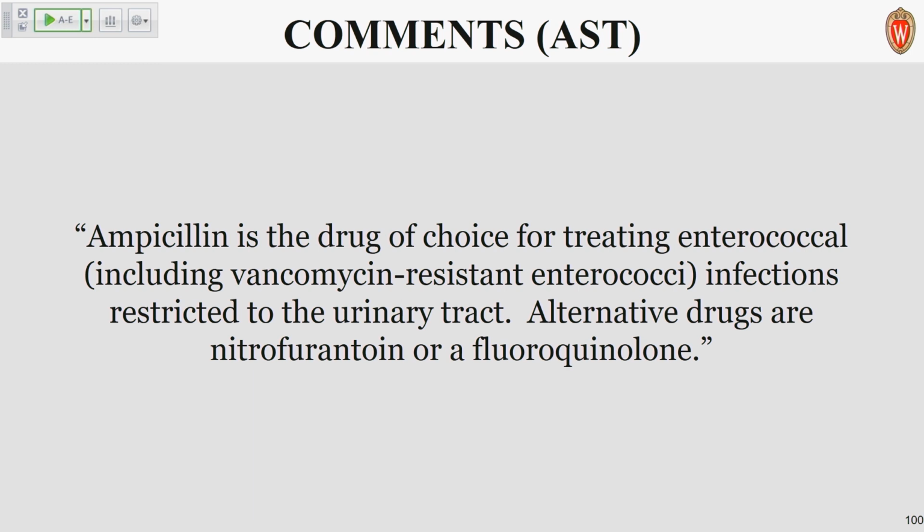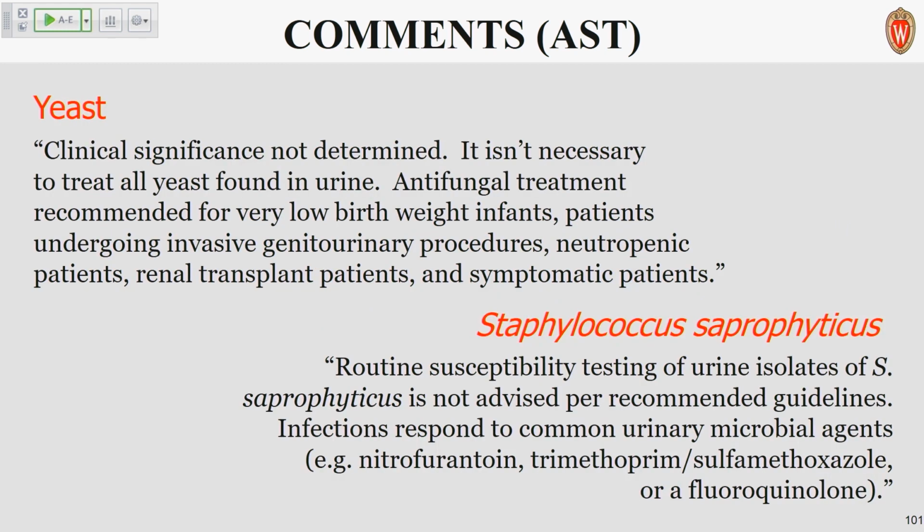So here's an example of a comment. There is at least a site using this comment already. Ampicillin is the drug of choice for treating enterococcal infections in the urinary tract, and then it gives some additional drugs. So instead of doing a full susceptibility, putting in a comment to guide treatment. Some other comments, we're going to go through these pretty quick.